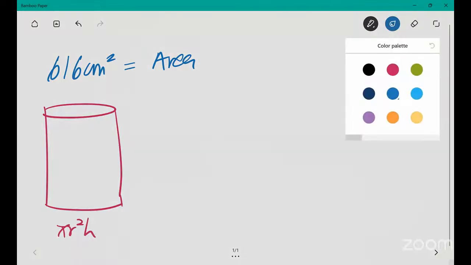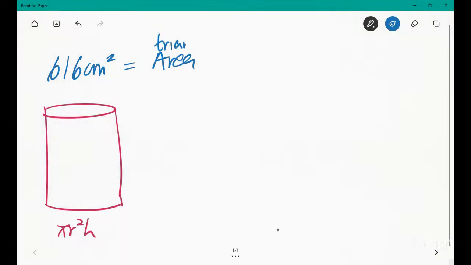Oops, I forgot to mention something. It's triangular area.